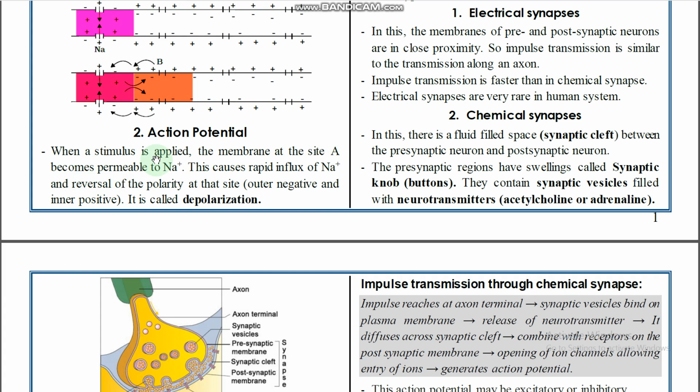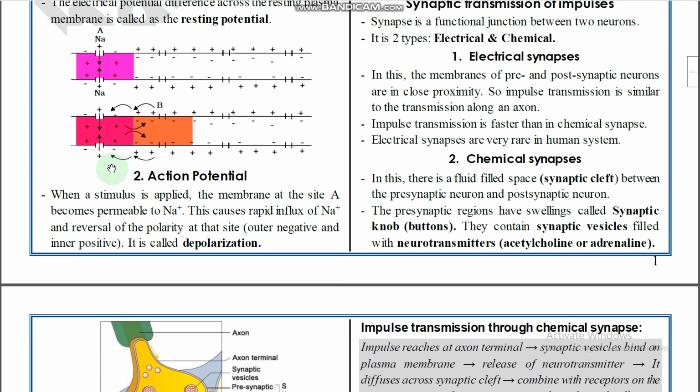When a stimulus is applied, the membrane at site A becomes permeable to Na plus. So here what happens? In the resting membrane potential, only potassium is allowed inside. Whenever a stimulus is applied, the membrane at site A becomes permeable to sodium.